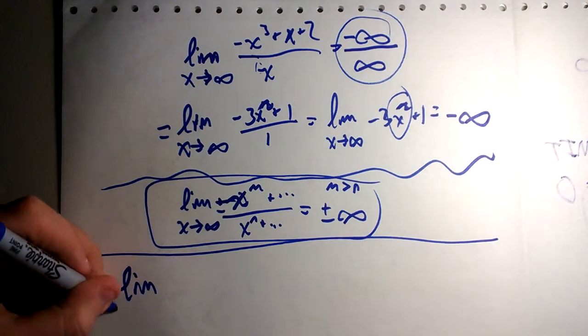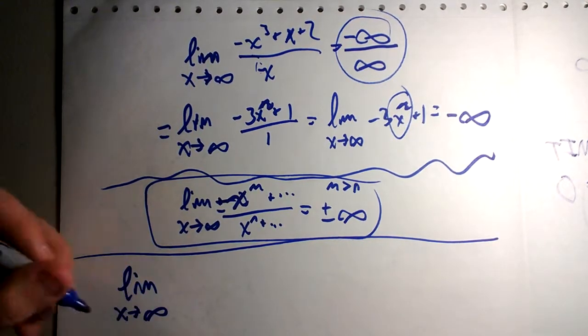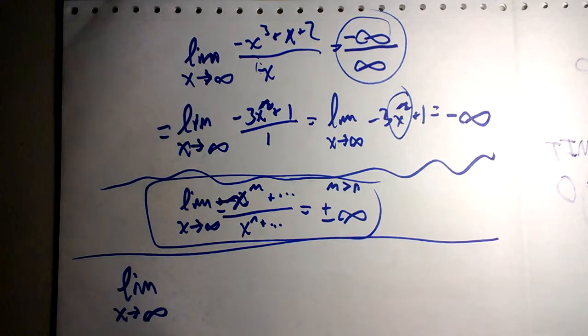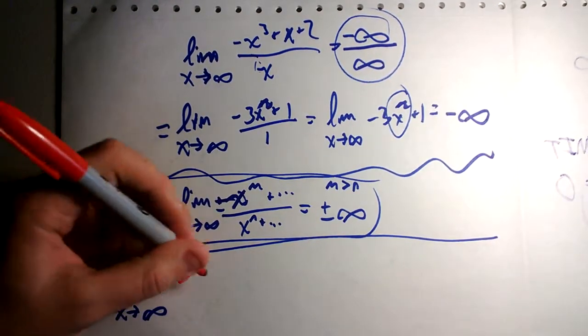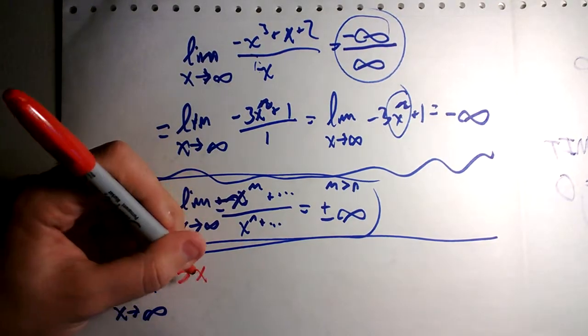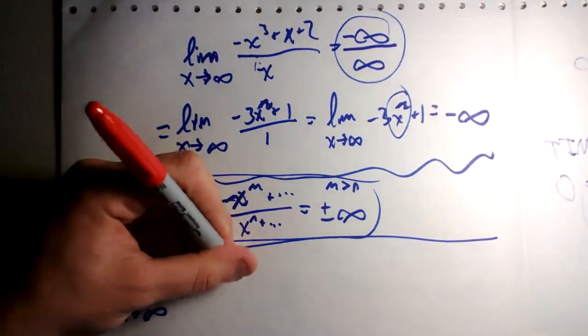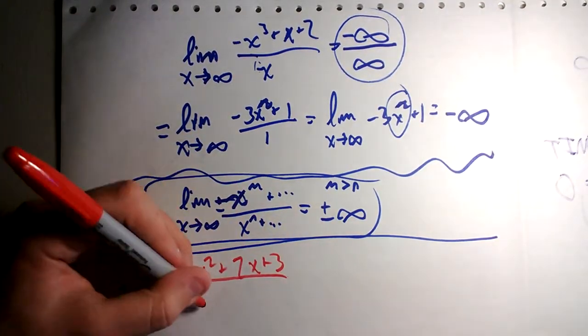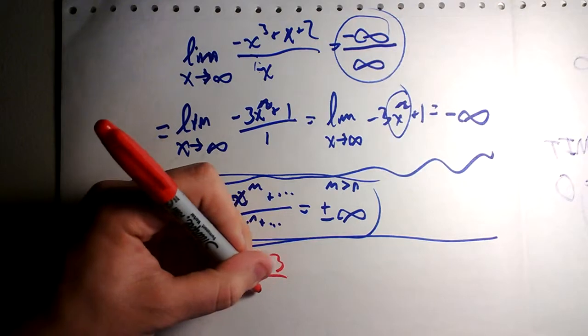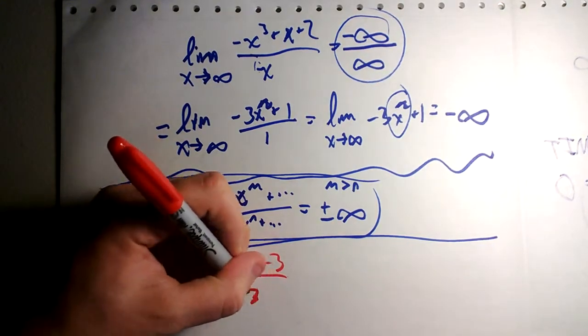I recommend you try this for yourself, try to make up a problem. But if they're equal, this is an interesting thing that happens. So let's say 3x squared plus 2x plus 3 over 4x squared minus 3. There you go.